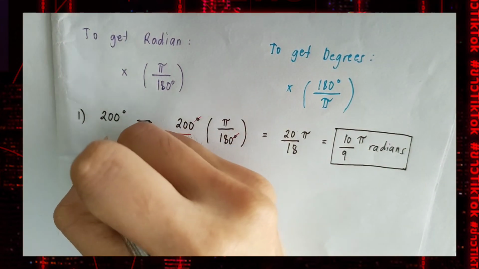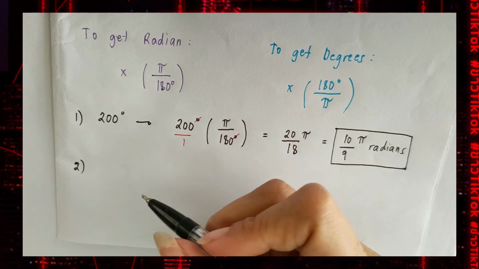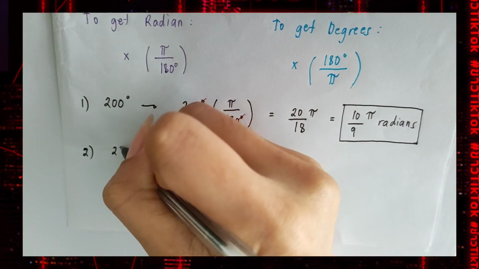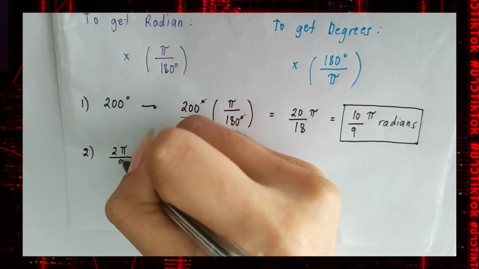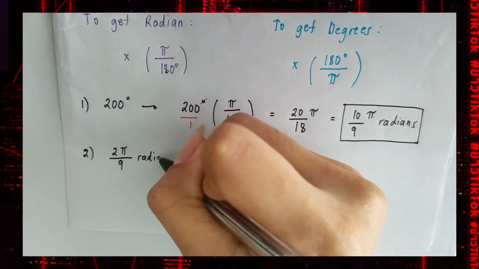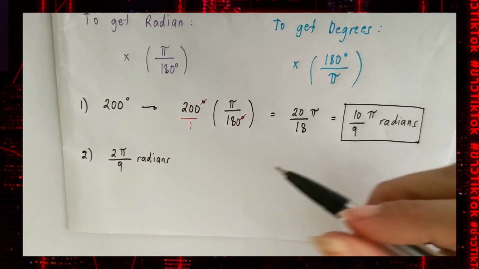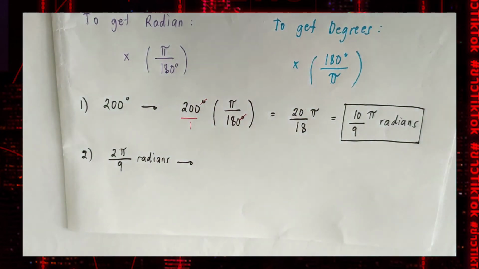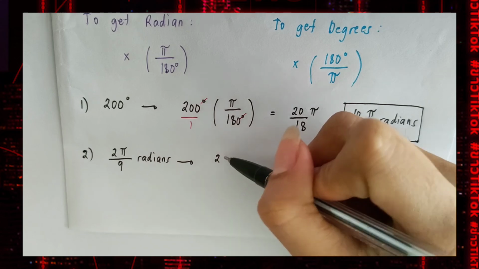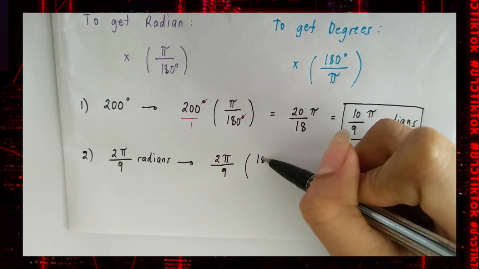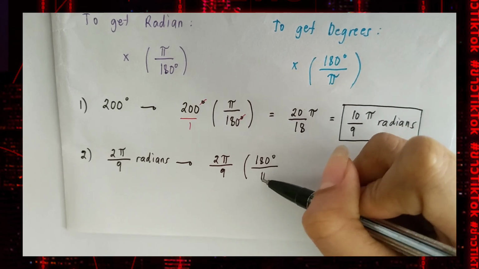Next, how about if we convert 2 pi over 9 radians to degrees? We will use this formula: 2 pi over 9 times 180 degrees all over pi.